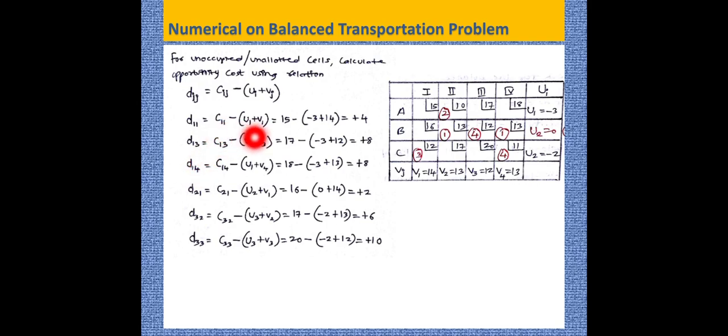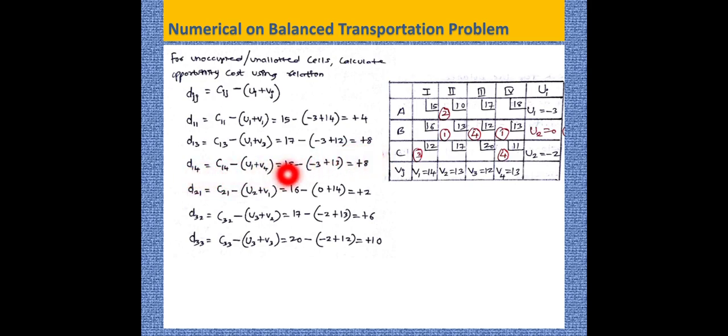Here D11 is equal to C11, which is 15, minus (U1 plus V1). U1 is minus 3 and V1 is 14, so I am getting 4 here. Similarly, D13 is equal to C13, which is 17, minus (U1 plus V3), that is 17 minus (minus 3 plus 12), so I am getting plus 8.